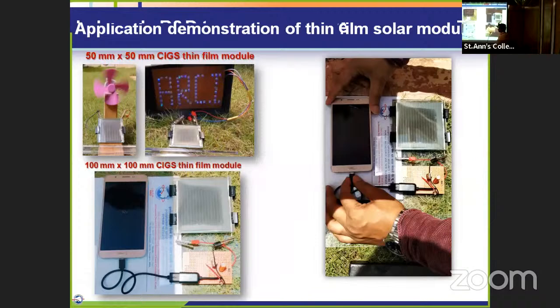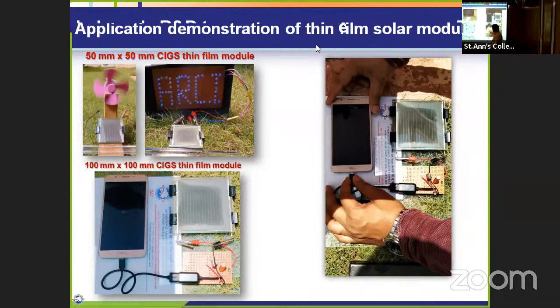Next, please. So using those 10 by 10 and 5 by 5 modules, we actually tried to demonstrate some applications. Like this 5 by 5 centimeter module, we can rotate a 2 volt DC motor and a fan. And a series of LEDs we can run using the 5 by 5 module.